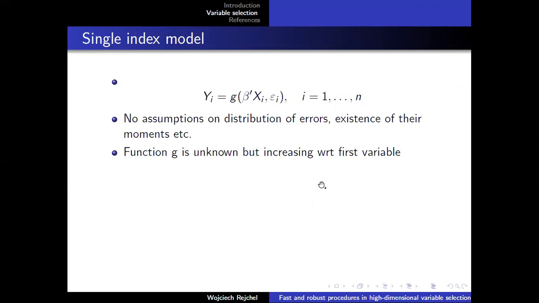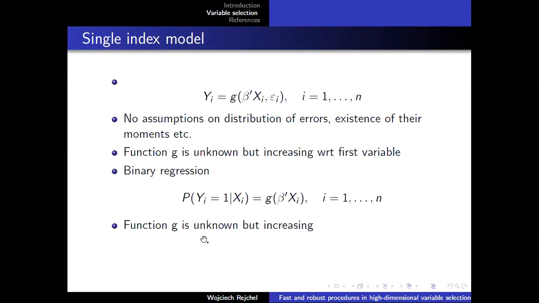Again, in the binary regression case, the function G is unknown and it is not used in the estimation process. So our task is to find a procedure which is robust with respect to the distribution of errors, with respect to the function G, and computationally fast.